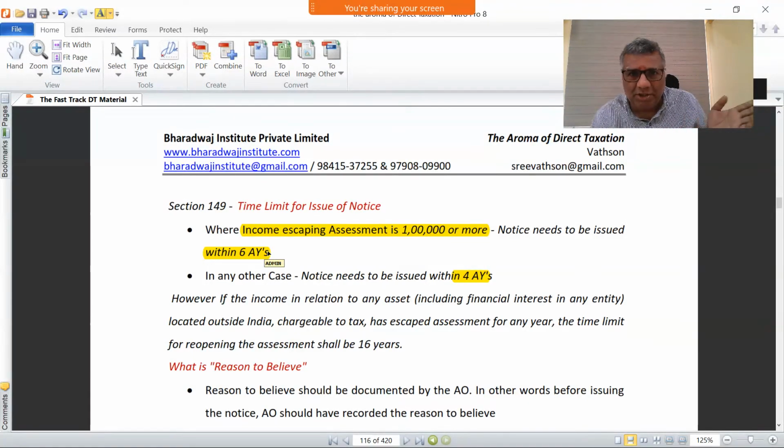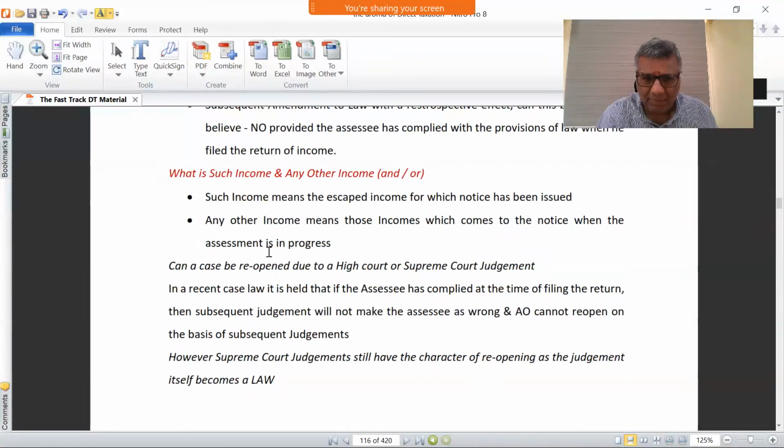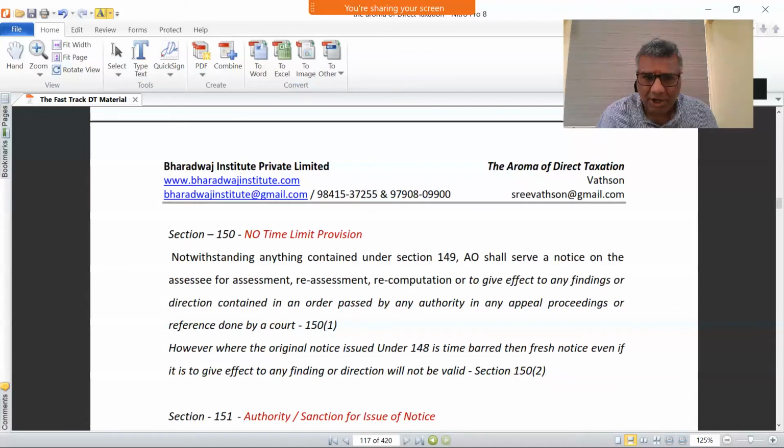Because you know how long it will take in the Supreme Court. Then this time limit of 6 years will not be there. No time limit provision. I'll go to the other two later.